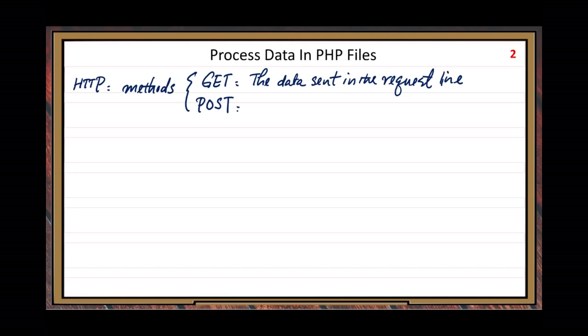There are two ways to send data: the GET method way and the POST method way. If you send through the request line, it belongs to the GET method way. Then you may think that if we send data through the request body, that's the POST, right? But it's not that simple.